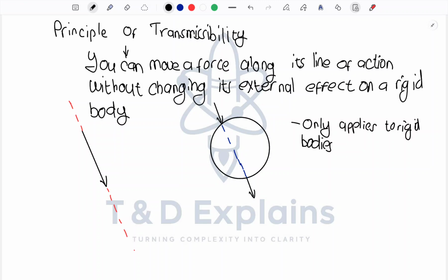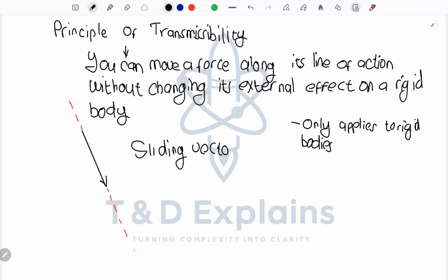The principle of transmissibility is also related to sliding vectors. Okay, a sliding vector is a vector like a force that can be moved anywhere along its line of action without changing its physical effect on a rigid body.